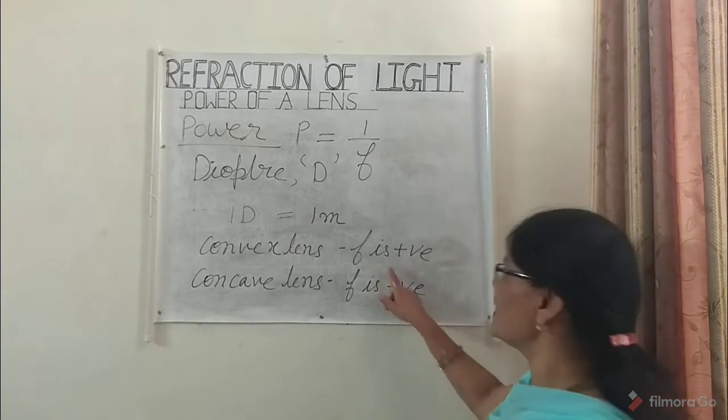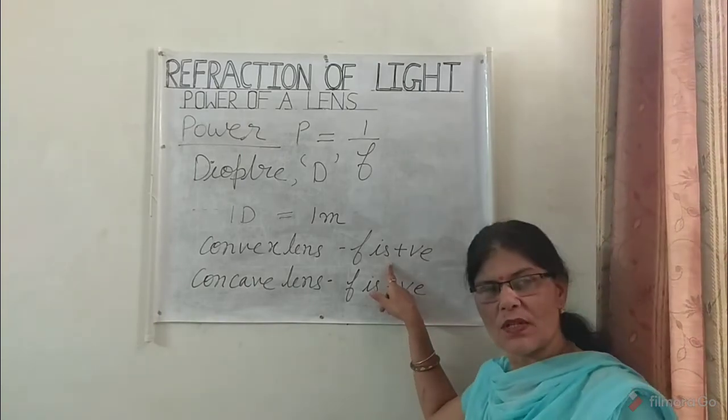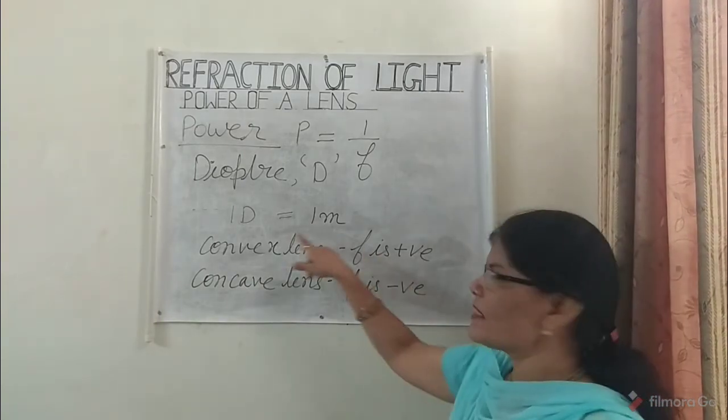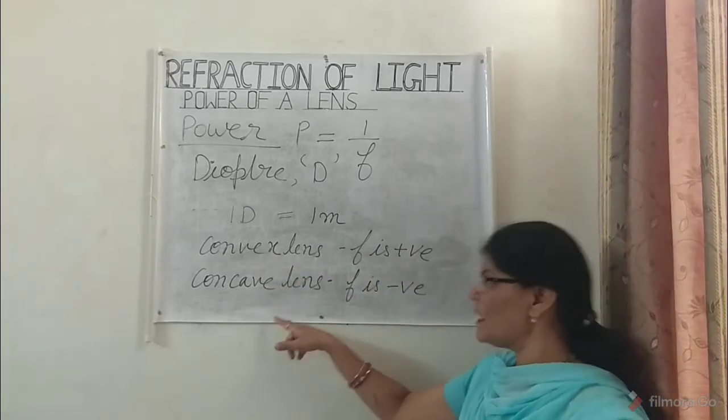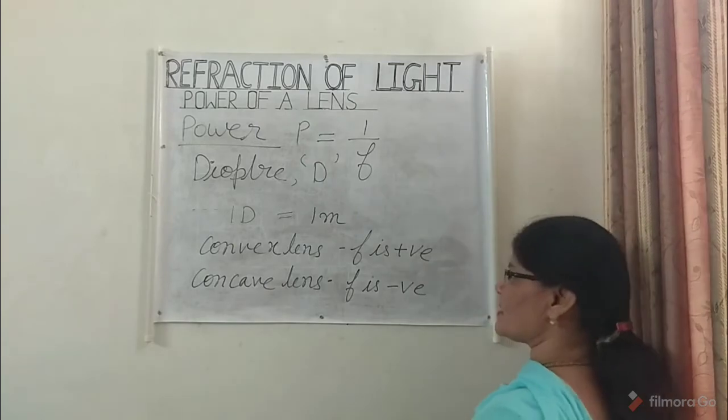So in case of convex lens, f is positive and power is also positive. In case of concave lens, power is negative.